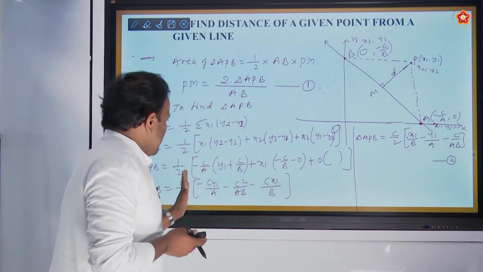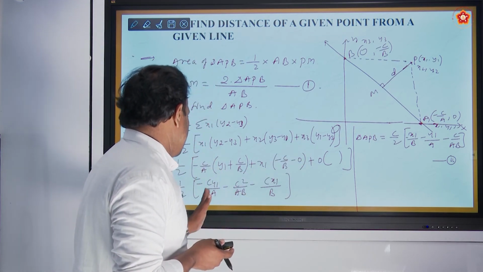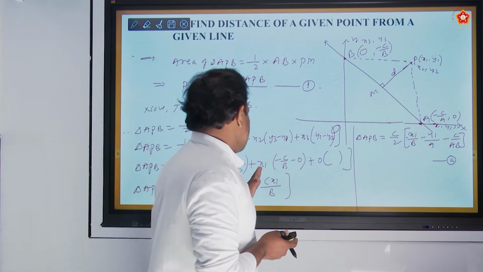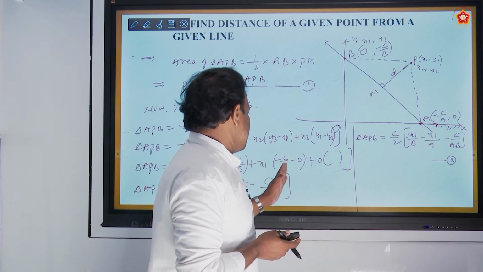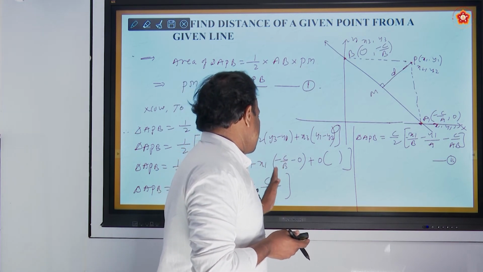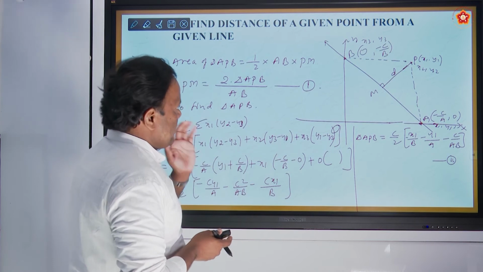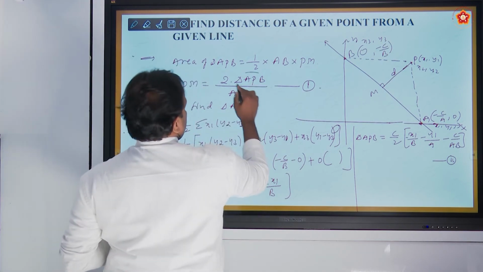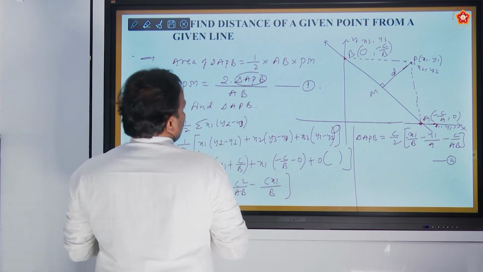Half, minus c by a into y1, minus c y1 by a, correct. Minus c square by ab, correct. And minus c x1 by b is also correct. Okay, this is the area of triangle APB. Now this is over. Actually we need PM now. Now find AB.